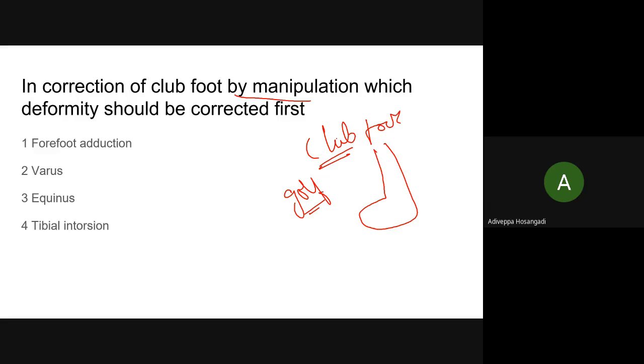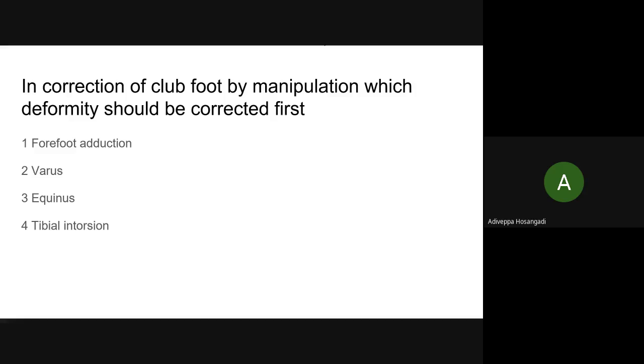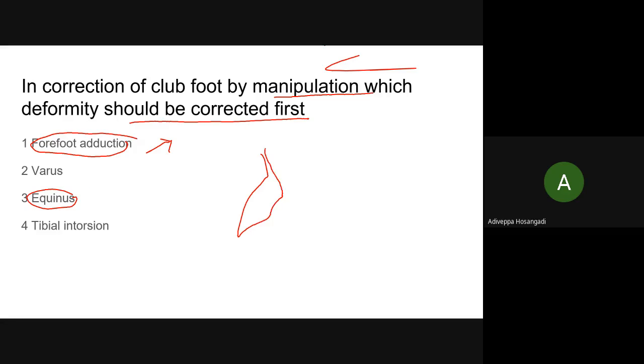In club foot correction by manipulation, which deformity should be corrected first? It's very, very important. Always correct forefoot adduction first. If you correct the equinus deformity first, say for example the foot is like this, there is a break in the midfoot.